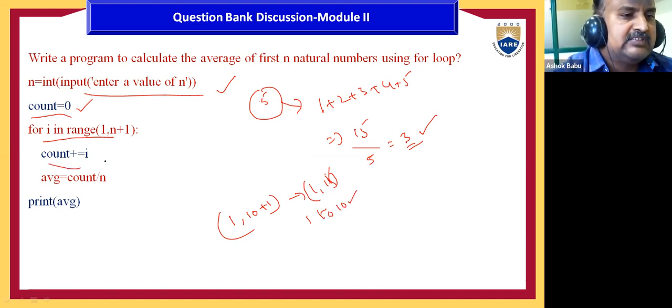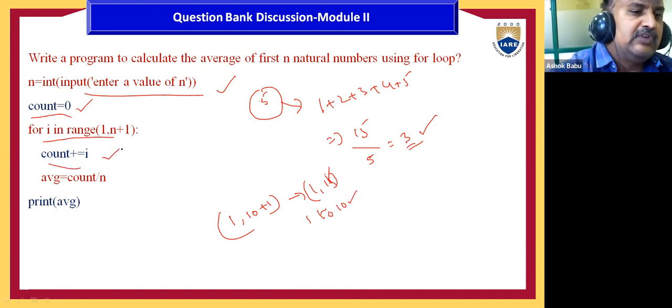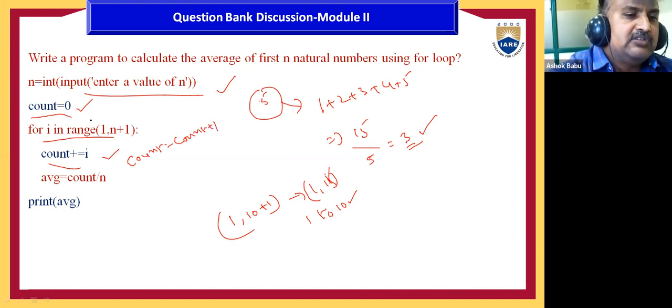Next, count plus equal to i. Count plus equal to i means count is equal to count plus i. At the start, count equal to 0. When i equal to 1, count is 0 plus 1, so the new count is 1.